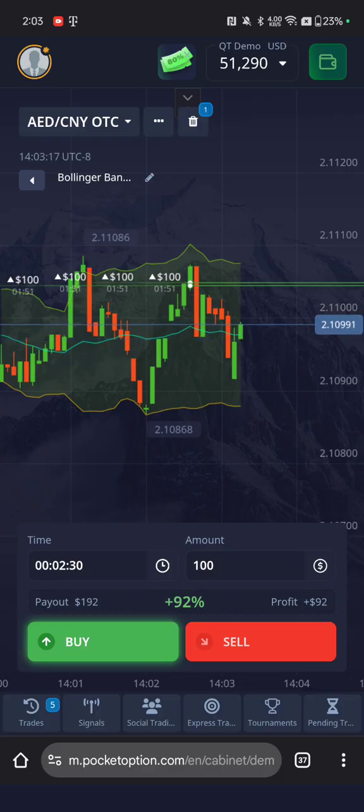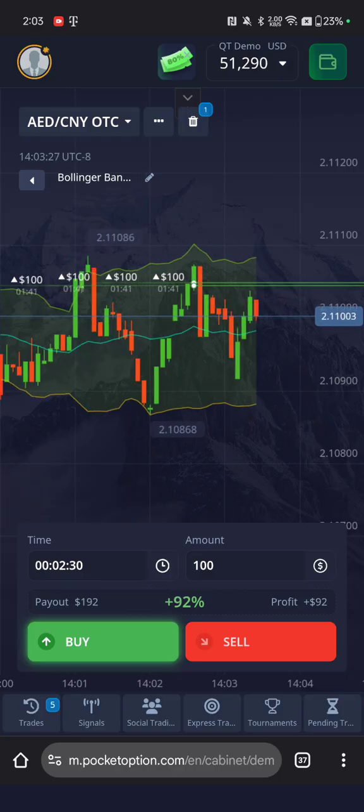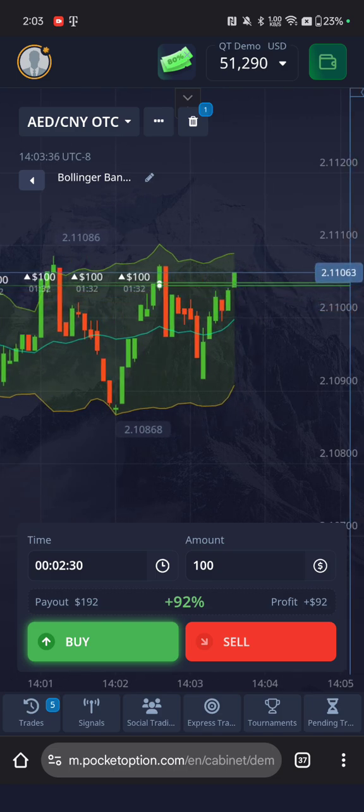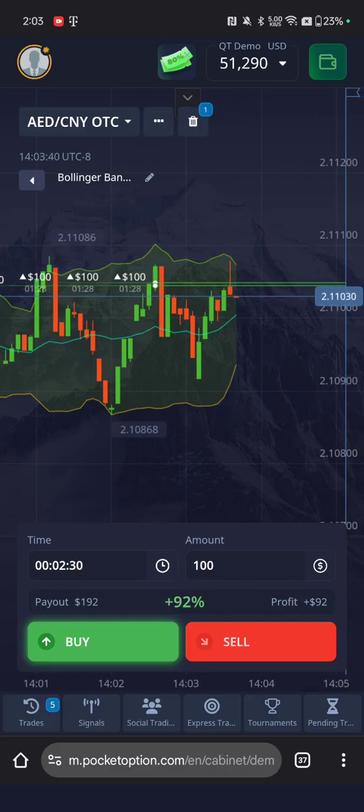Anyway, I shouldn't have even done that. What I'm really trying to do is to teach you about how this works. So the lines are getting wider, right? And that indicates volatility. It indicates that there's more and more people in the trade. There's more and more people putting their money down.